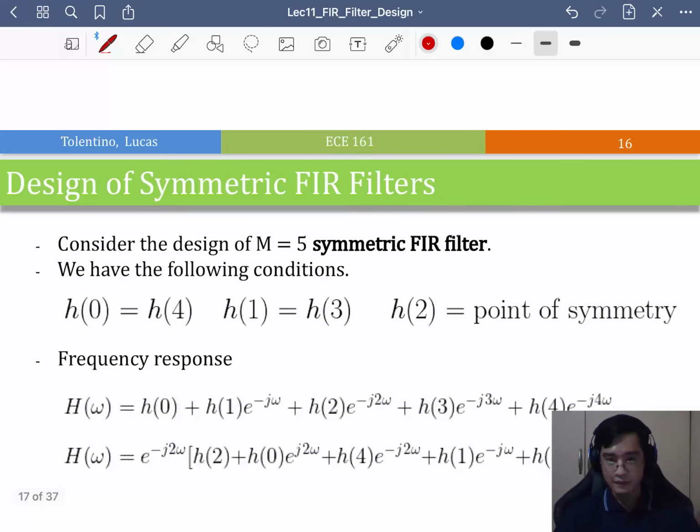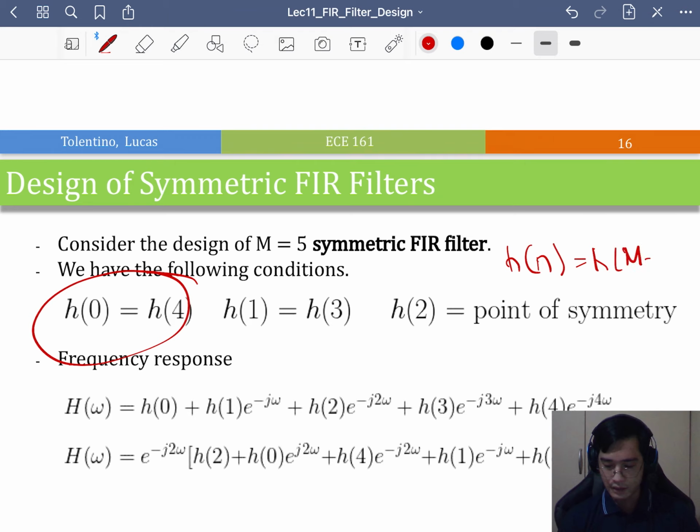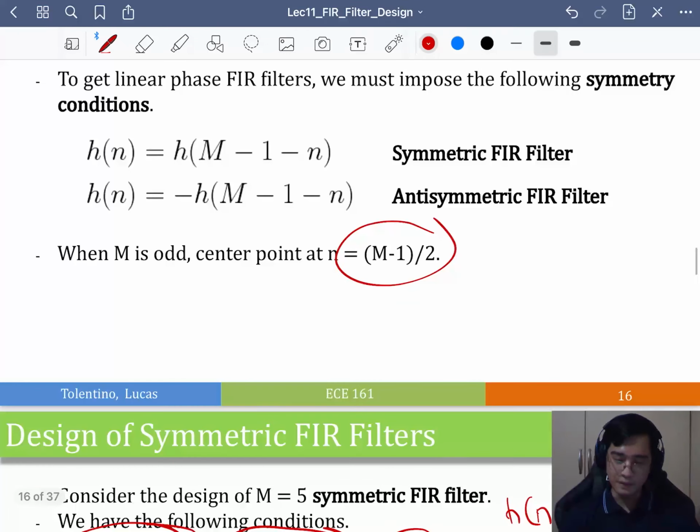Capital M is 5, therefore we have 5 points in our impulse response. Again, h of n equals h of M minus 1 minus n. If M equals 5, then h of 0 should be equal to h of 4, h of 1 is equal to h of 3, and h of 2 is our point of symmetry.